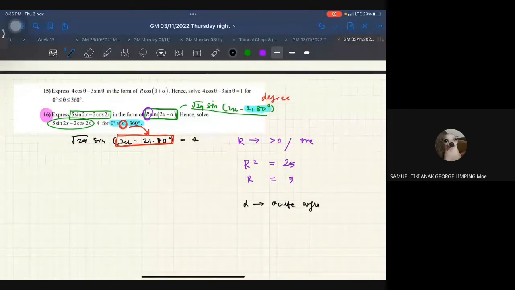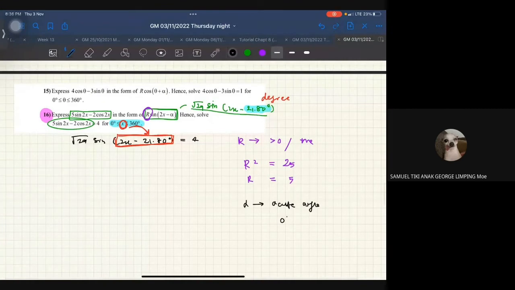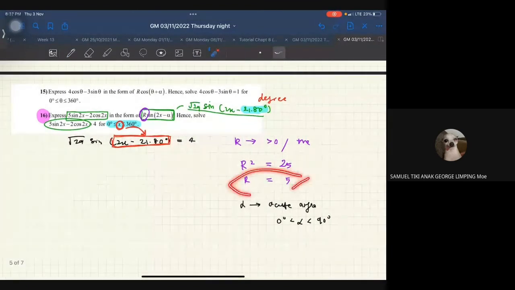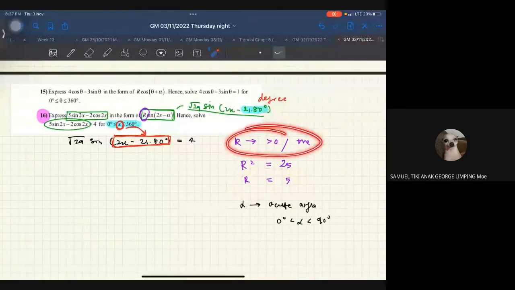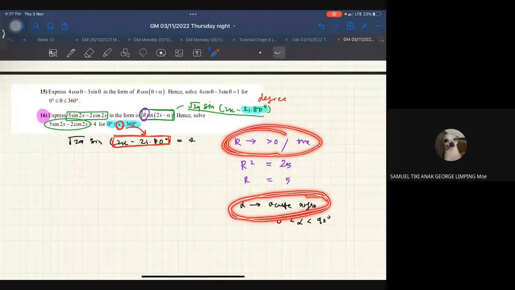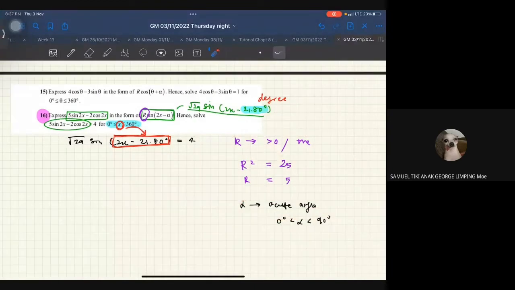Okay, ataupun in between 0 to 90 degree. Okay, so ini adalah dua syarat yang awak ada lah. So R, dia mesti positive. And then another one, alpha must be acute angle. Okay, so itu sahaja untuk soalan nombor 16.